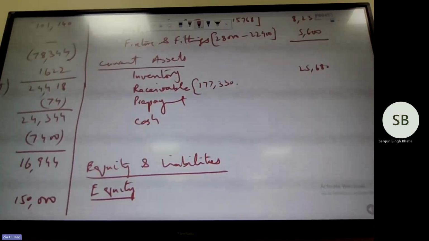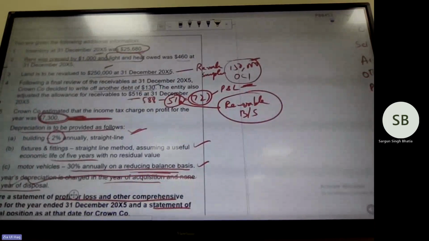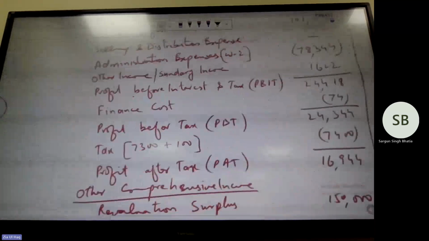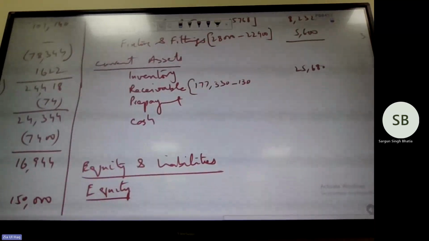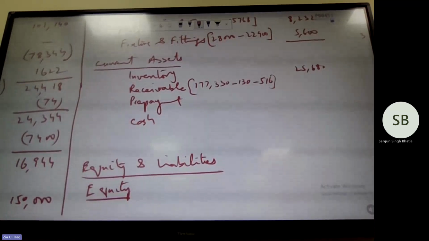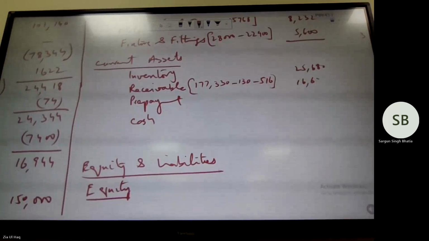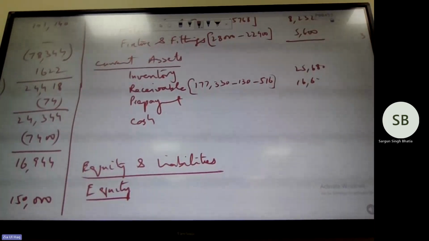But we need to subtract 130, the confirmed bad debts, and 516, the closing balance of the allowance, which will be deducted from the receivables. So the amount will be 16,684.